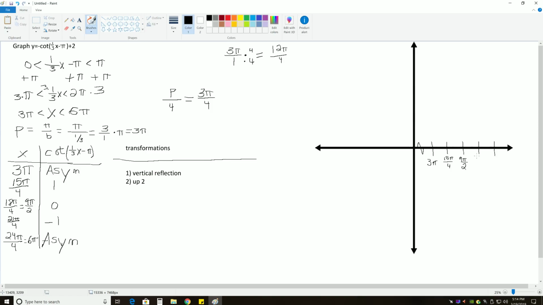The fourth one out of all 5 is going to be 21 pi over 4. And finally, our last one is going to be 6 pi. So we'll start by writing out our vertical asymptotes, which we label with a dotted line.